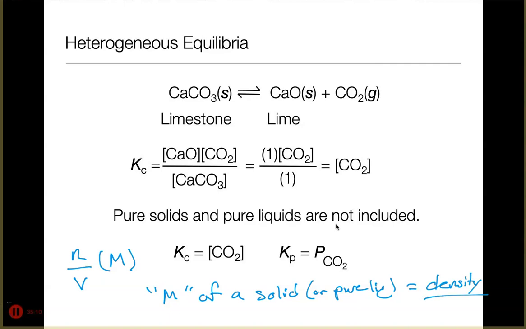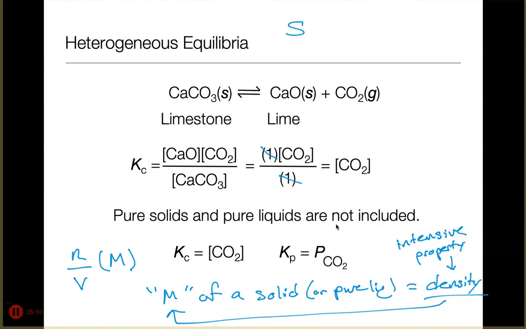So density is an intrinsic intensive property, which means it doesn't matter how much stuff you have. The density doesn't change. So if the density is not changing, technically the concentration isn't changing. If you can't change the concentration, it basically doesn't get included in the mass action equation where things are changing. So long story short, solid or liquid, omit from expression. It's as easy as that.